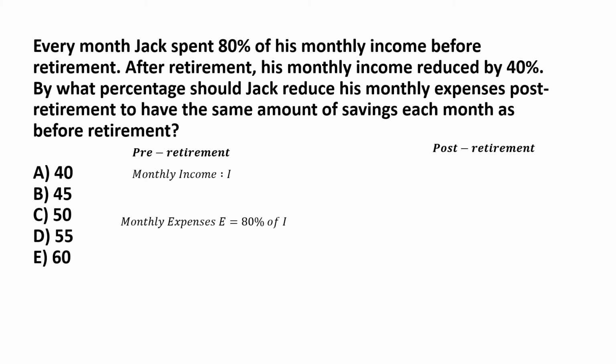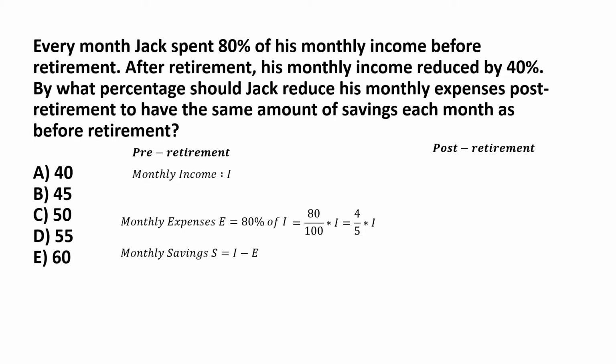And 80% is basically, if you want to express it as a fraction, 80 by 100. So that's 80 by 100 times I, and then you reduce it to 4 by 5, so it's 4 by 5 multiplied by I. And then savings is simply income minus expenses.